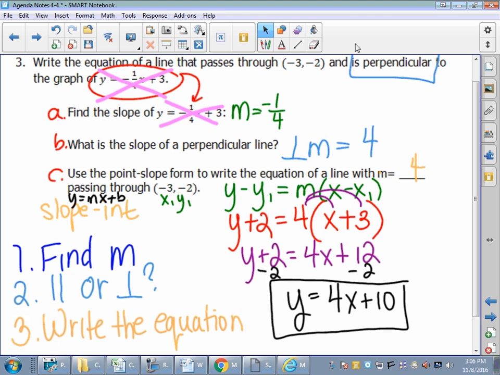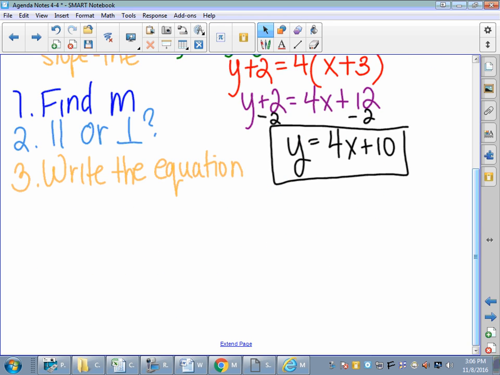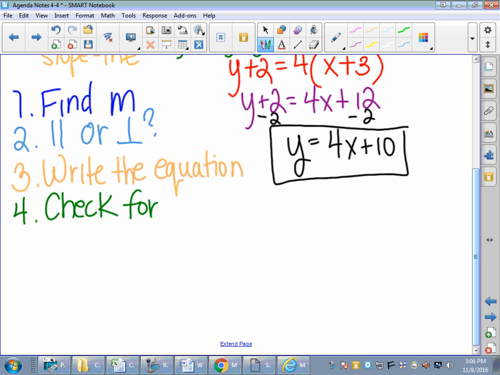Right? So we're going to find the slope. We're going to decide is it parallel or perpendicular, and then we're going to write the equation. I guess I should add one more thing onto this, and that one more thing is to check the form of the answer.